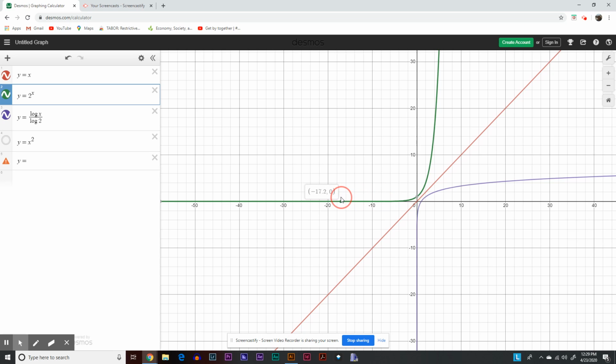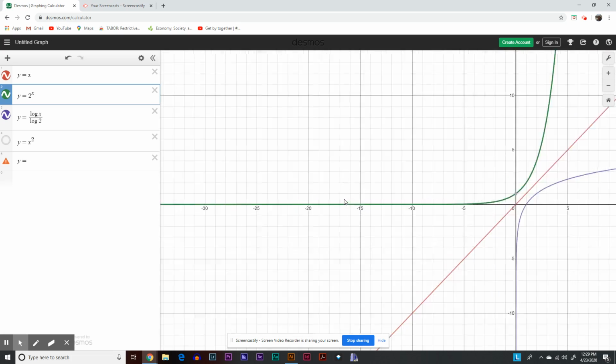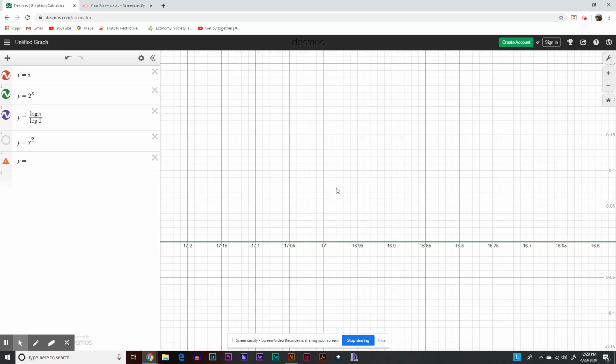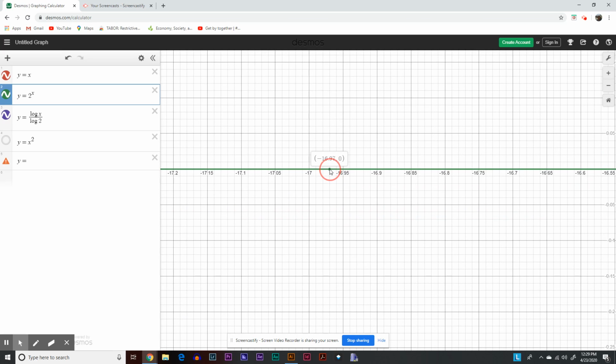Until eventually you get to a point where Desmos says it's at 0, even though it's really not. It's just rounding it, and so it's saying, "Oh, this is at 0 now." But if we were to zoom in closely on that, you would see that it's not actually at 0, right?